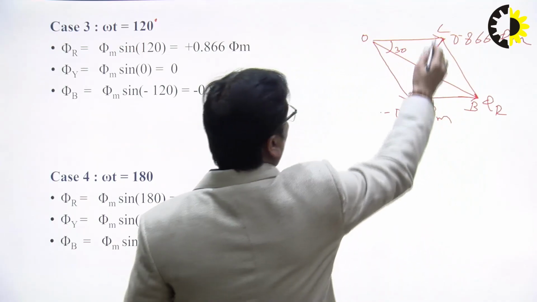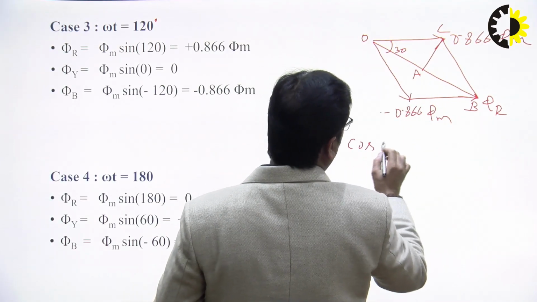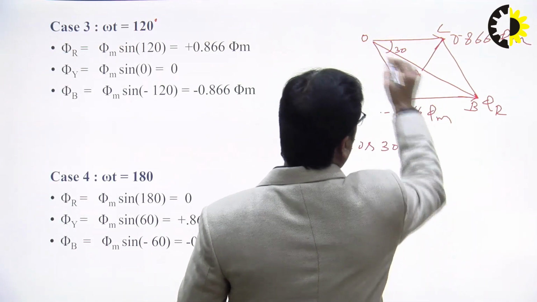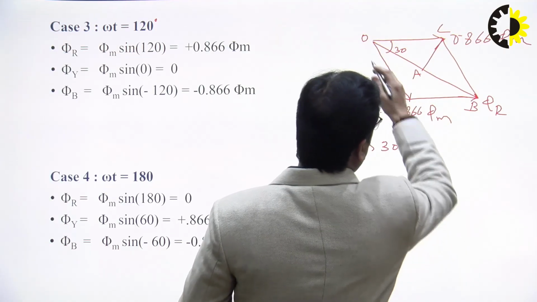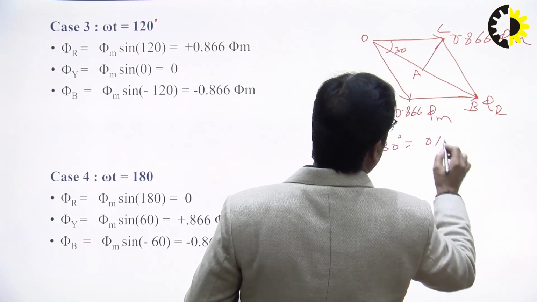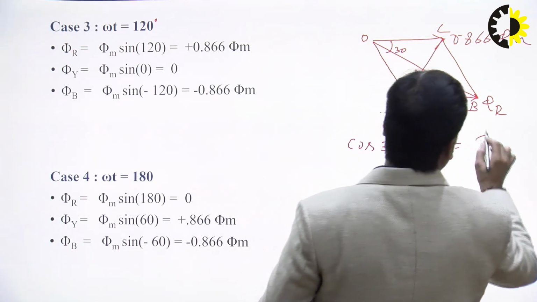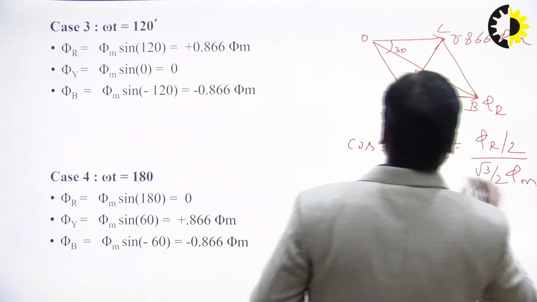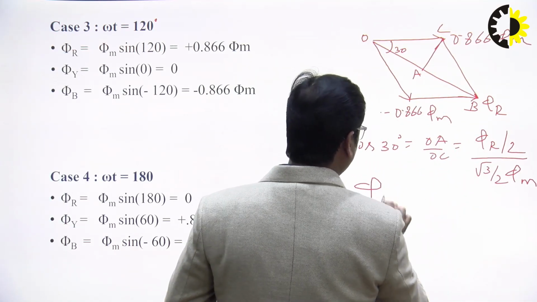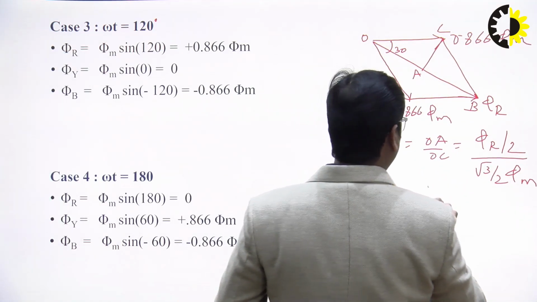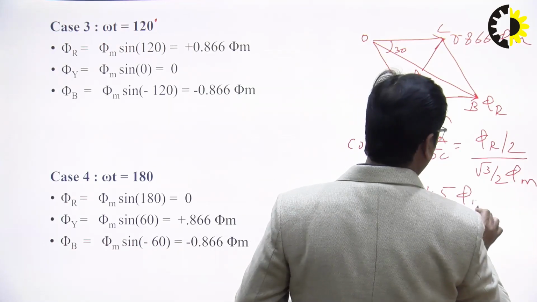So in triangle OAC, cos 30 degree will be equal to again OA upon OC. OA is equal to half of OB, which is phi r upon 2. And when you calculate, the resultant flux will be equal to 1.5 times of phi m.